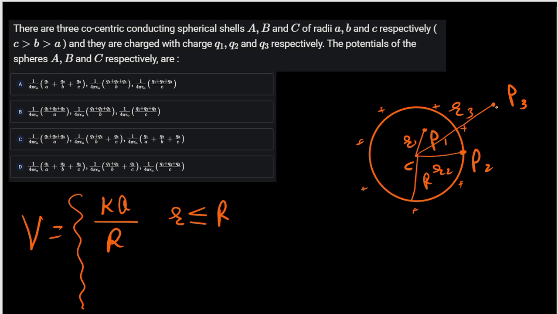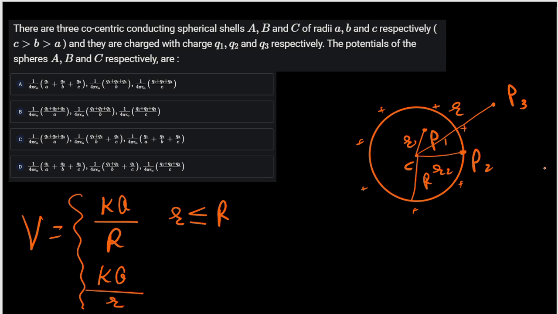Now if we go outside, let's take this distance as small r. Now the potential here is going to be KQ by small r, where r is the distance of this point P3 from the center C. Here the distance will start to matter. Inside the shell, where point 1 was located is not important, because the expression is just KQ by capital R, where R is the radius.